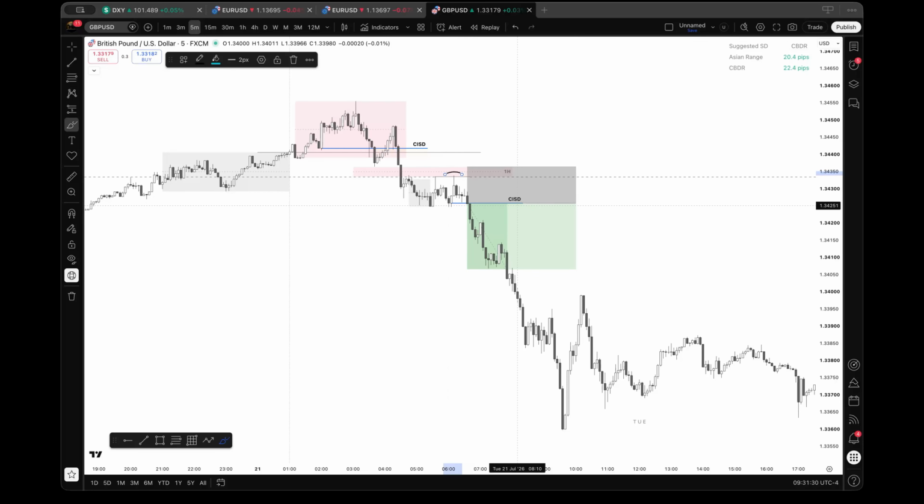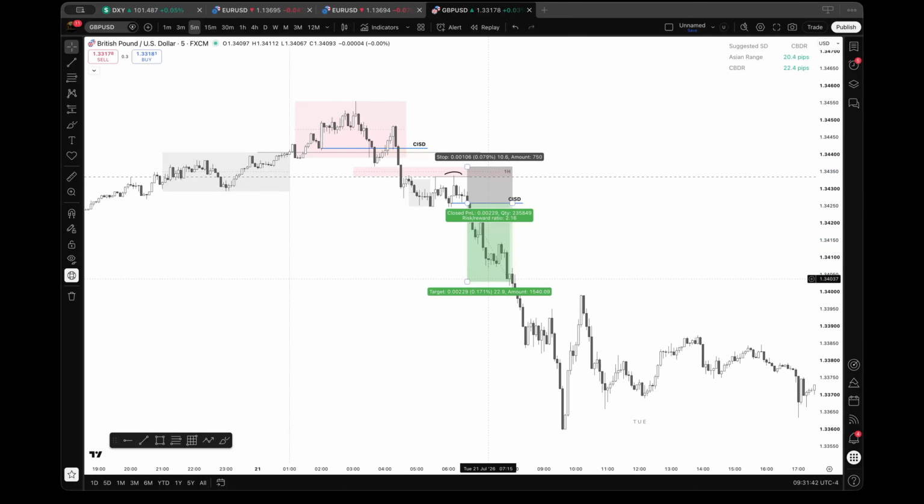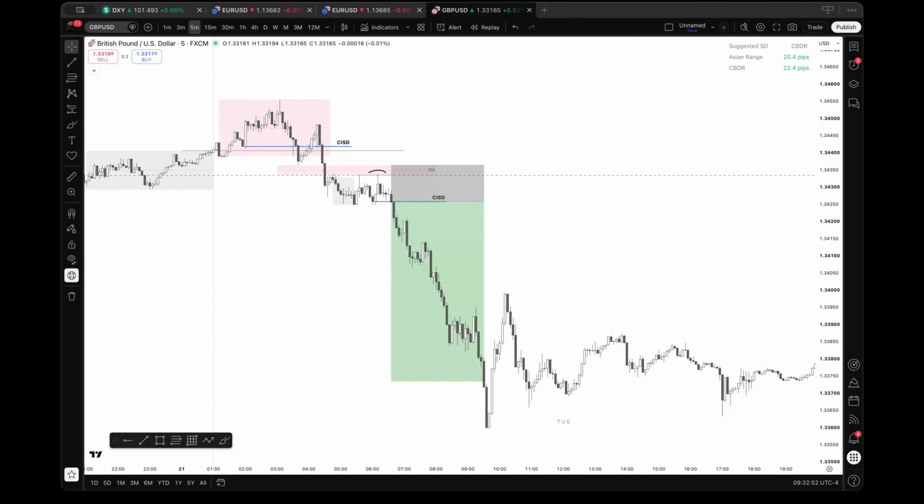Then we get the change in state delivery, so we're back on side with the high time frame bias. And then we get our distribution lower. Again, you could have went for a 2R, which is easily delivered, or you could scale off here and leave a runner lower. So now you might see price through a different lens, no matter what strategy you trade.